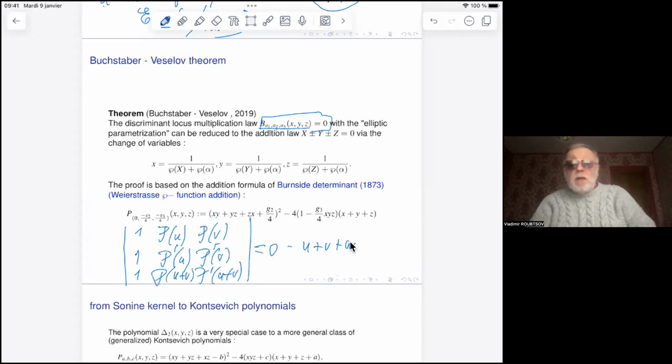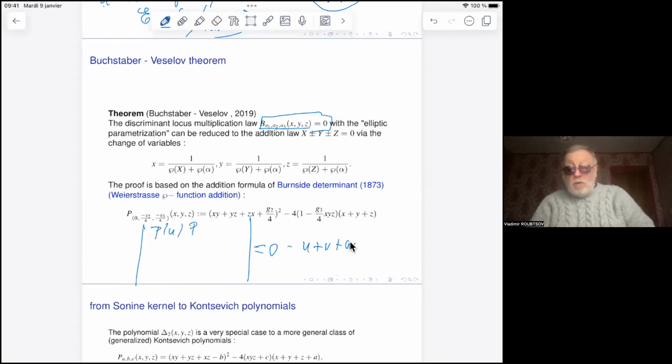Okay, you see, I forgot myself. It's better to write like this. P of u, P of v, P of w, P prime of u, P prime of v, P prime of w, and here, yes, 1, 1, 1.